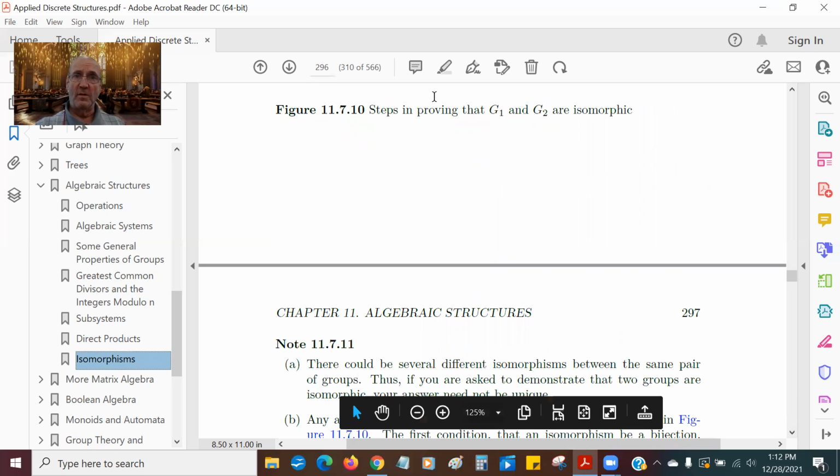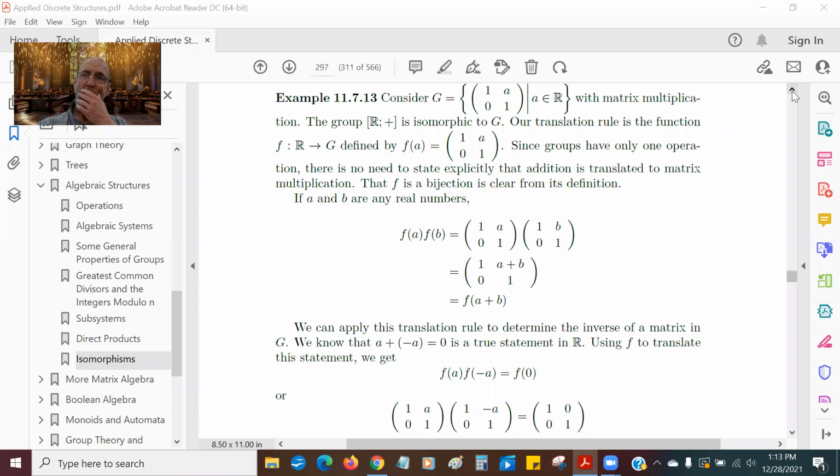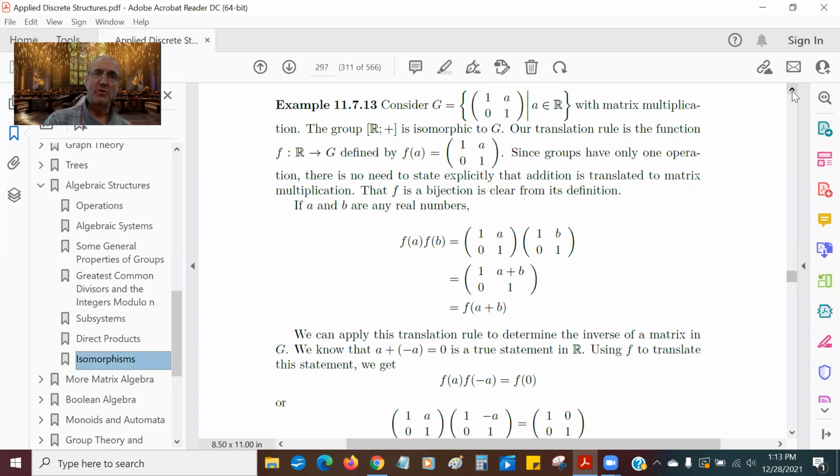Okay, so as an example, we're going to look at two different groups. One group is just going to be the real numbers with the operation of addition. The other group we're going to look at is the group of 2 by 2 matrices, where I have a 1, 0, and a 1 in these three positions, and I have a variable A, any real number, in this top right position, and the operation is going to be matrix multiplication.